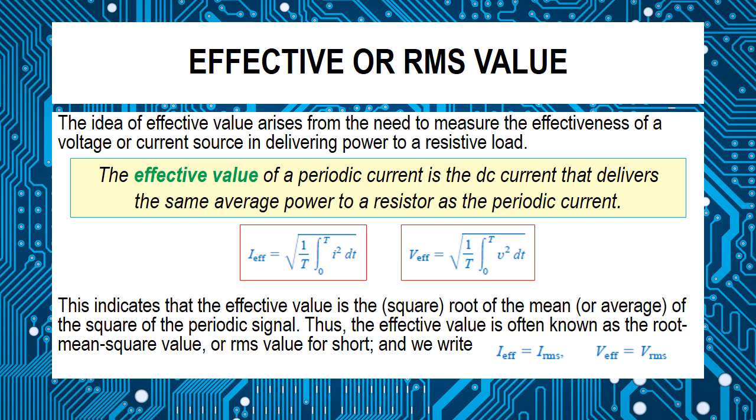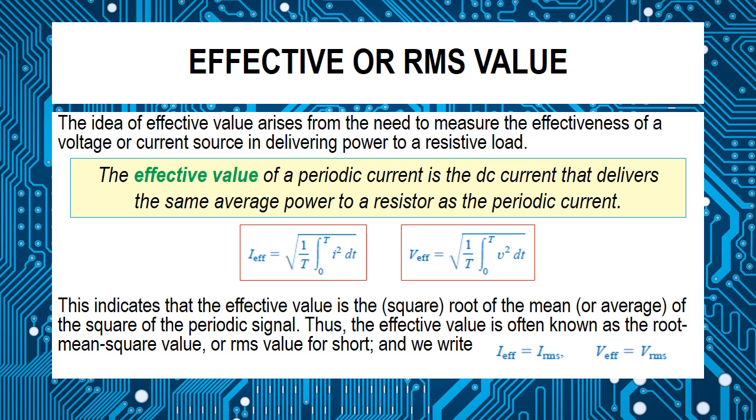Effective current is equal to the square root of 1 over T integral of i squared dt from 0 to T, and the same with effective voltage, the square root of 1 over T times the integral of v squared dt from 0 to T. This indicates that the effective value is the square root of the mean or average of the square of the periodic signal.